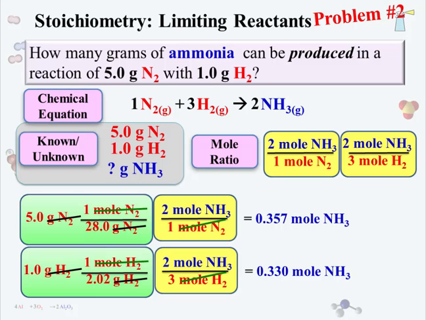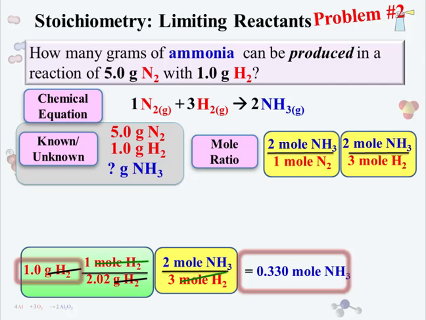We can directly compare the amount of ammonia produced for these 2 reactants. The 0.330 moles of ammonia is the smaller amount. The hydrogen is the limiting reactant. Nitrogen is in excess, and we no longer need to concern ourselves with it.